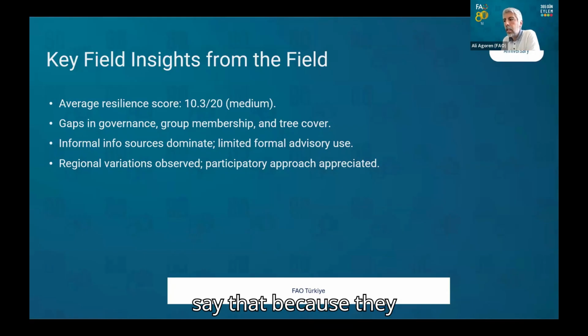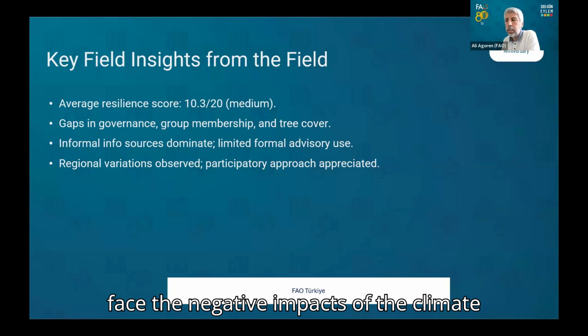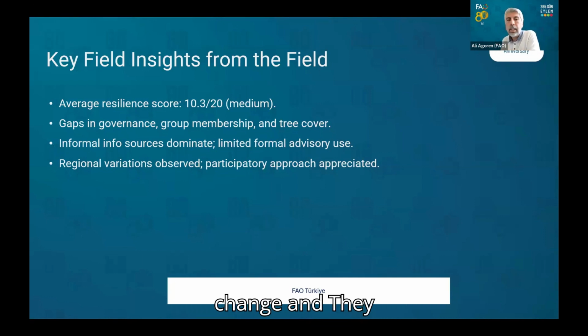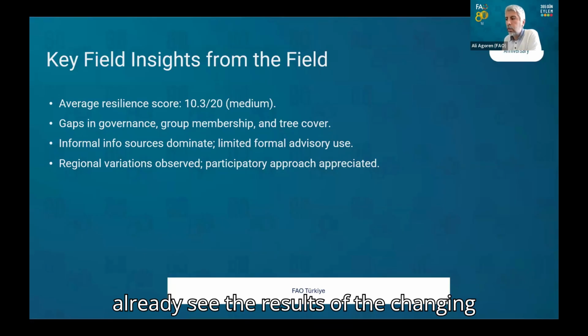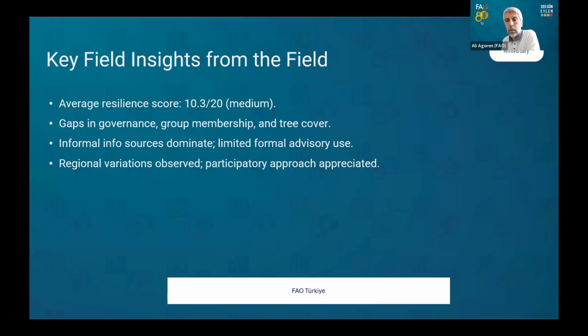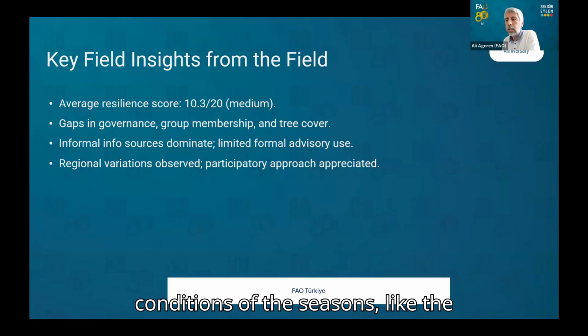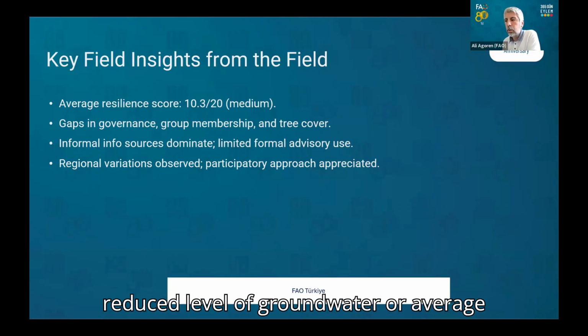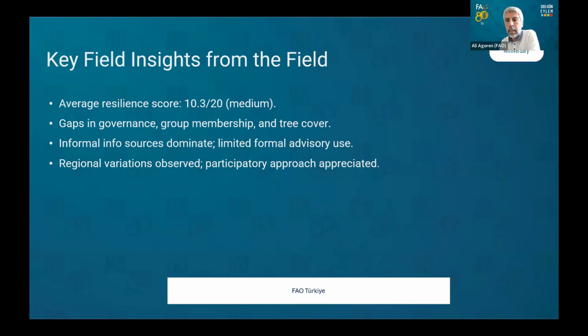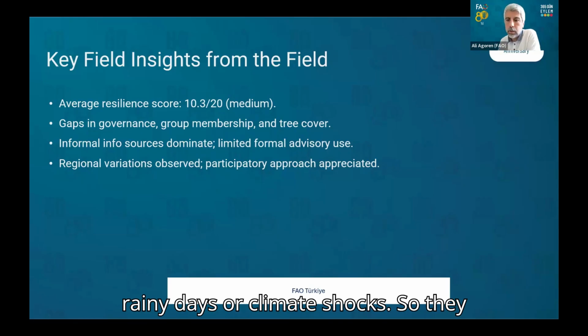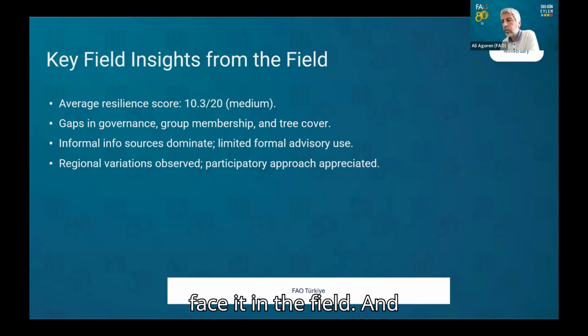I can say that because they face the negative impacts of climate change, and they already see the results of the changing conditions of the seasons, like the reduced level of groundwater, fewer average rainy days, or climate shocks. So they face it in the field.